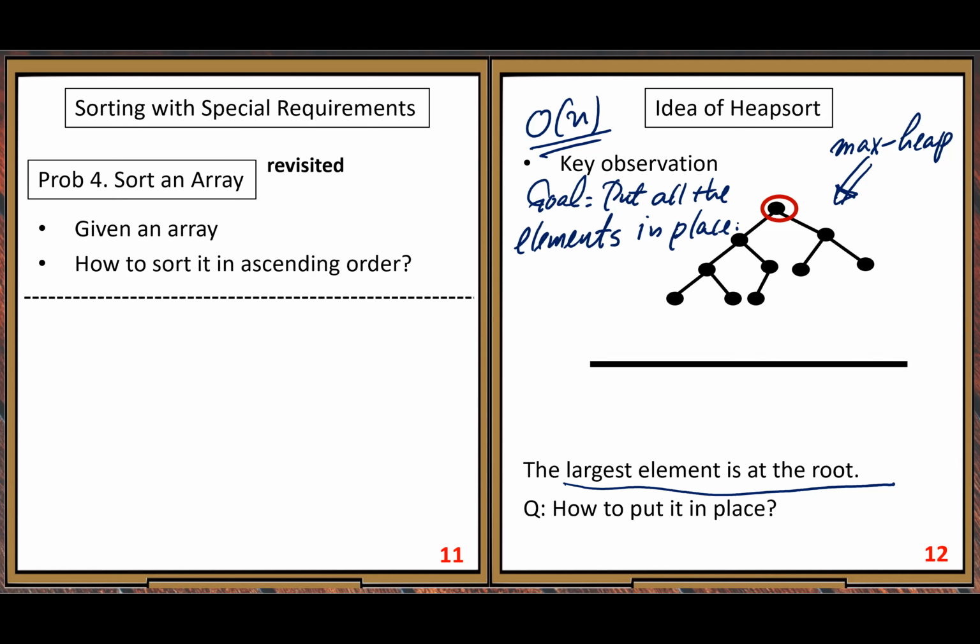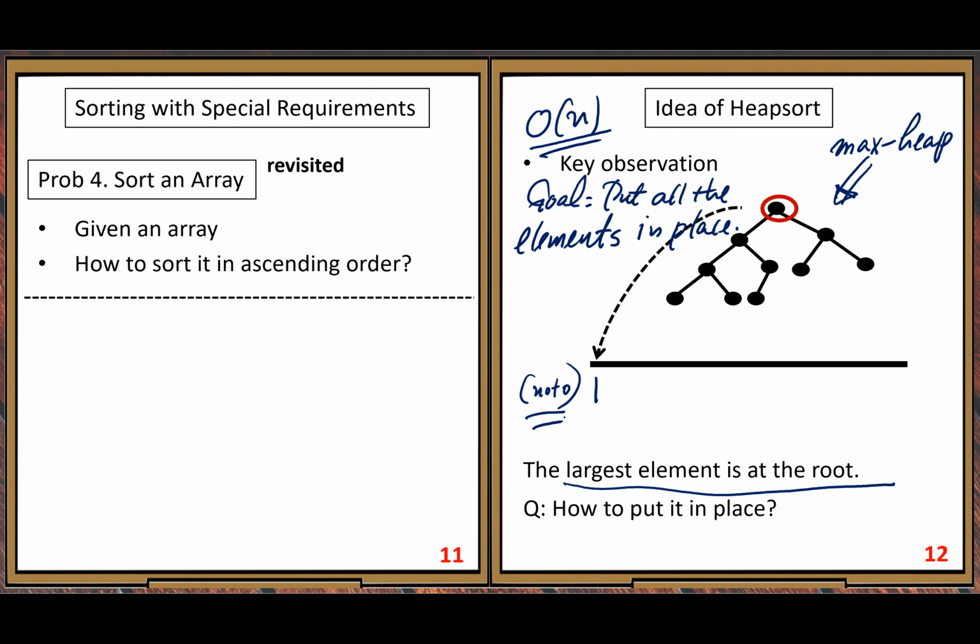Pretty obvious, right? Here, let me use this line segment to represent the final sorted array, the positions. At the beginning, we know the root takes the first location. The first location here means index 1, not 0. We skip that 0 location.